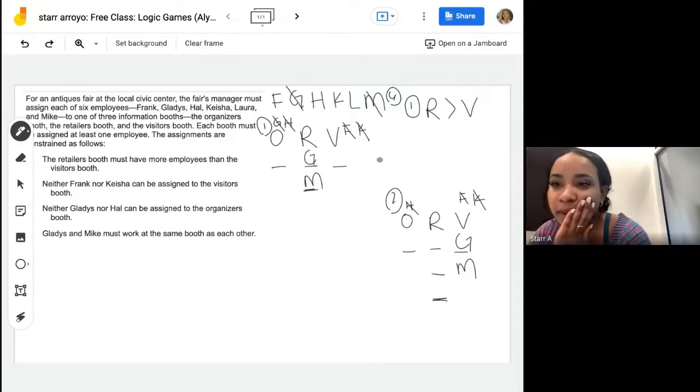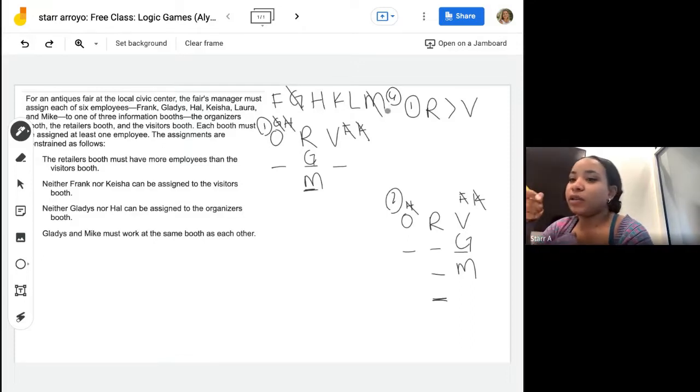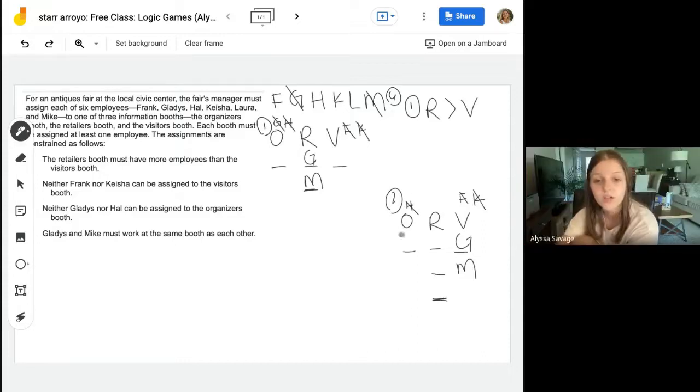So I would put F, like, can we do F and K under O and R, one of each, because it says that it can go in V, but it doesn't specify that it can't go in O or R. Yeah, it could go in O and R.